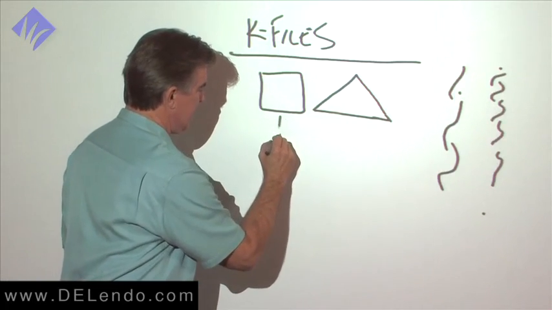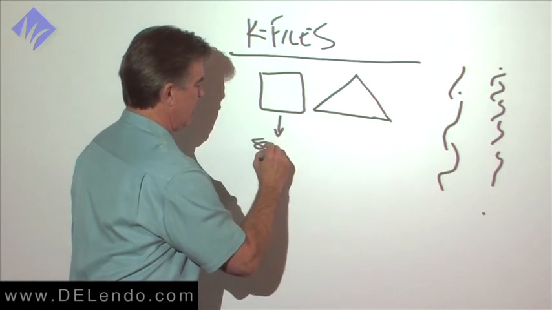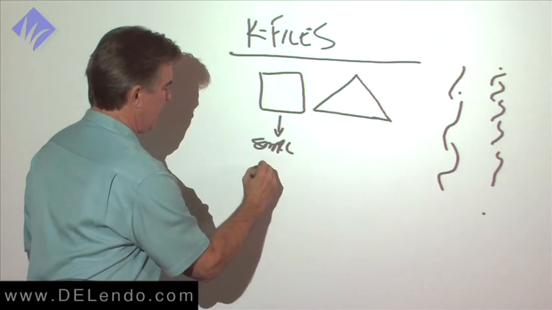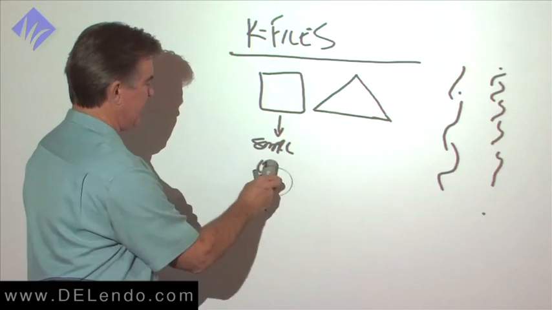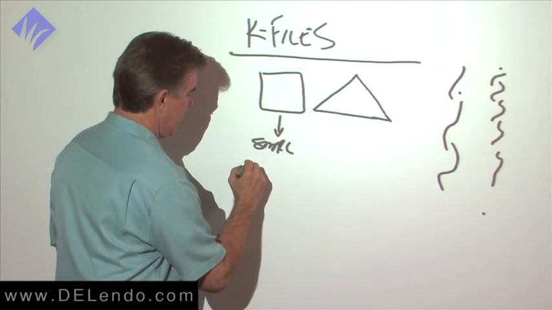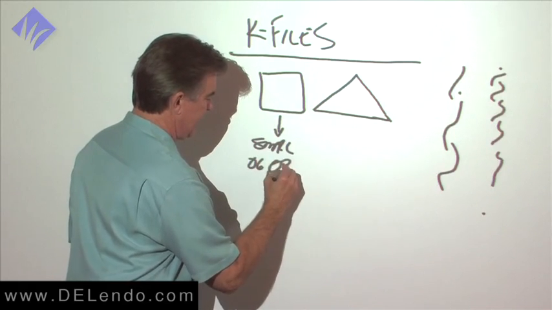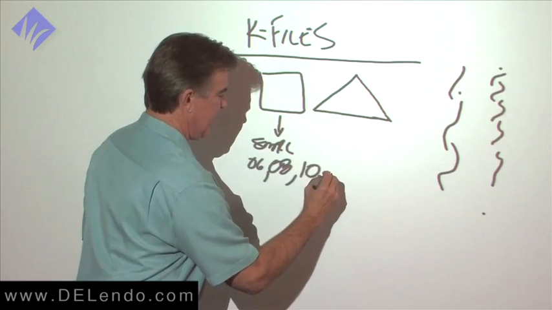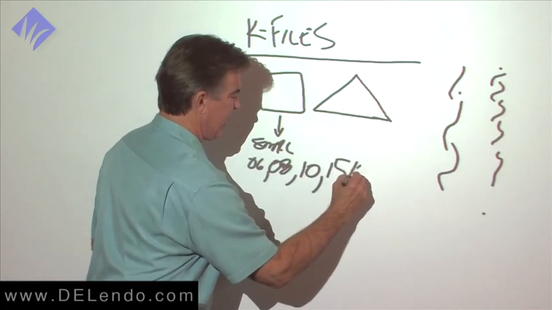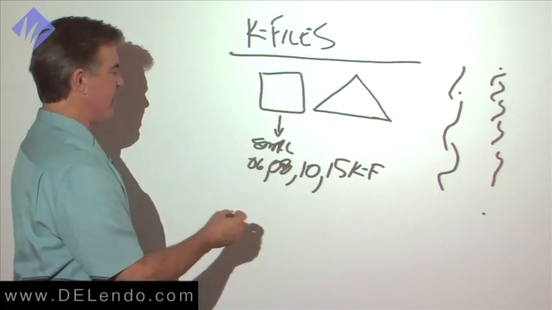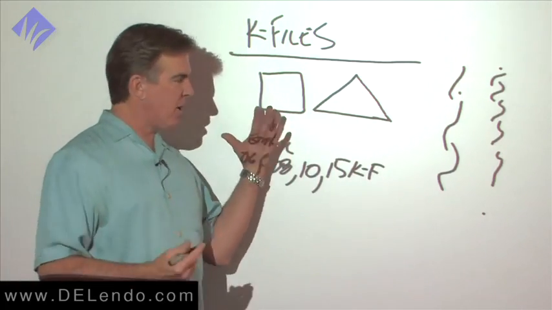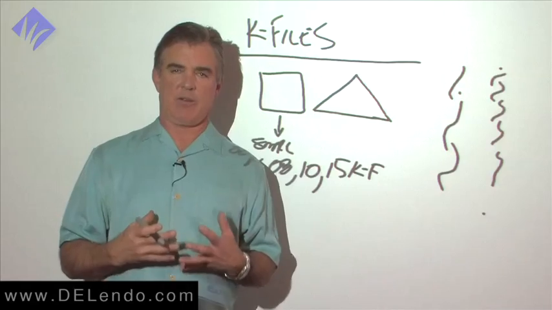Generally speaking, for small K files, 06, 08, 10, and even maybe a 15K file, I want them square because they're so small. What I need in a small file is maximum strength and rigidity.